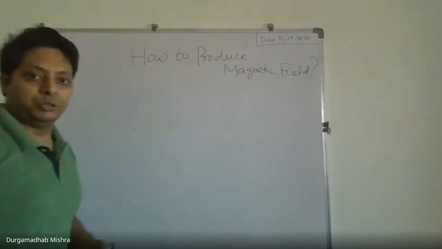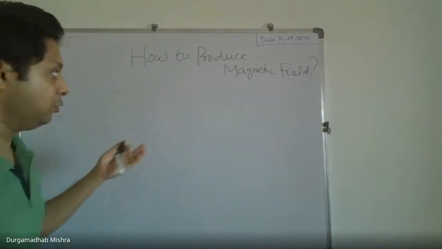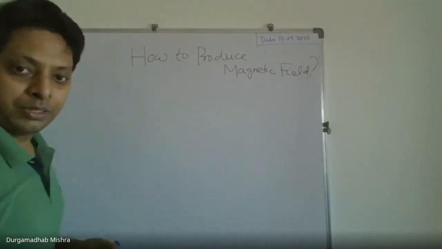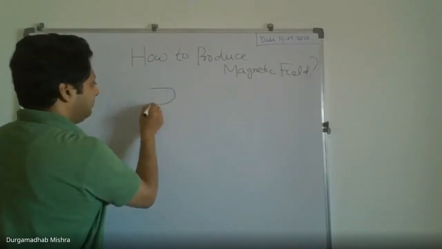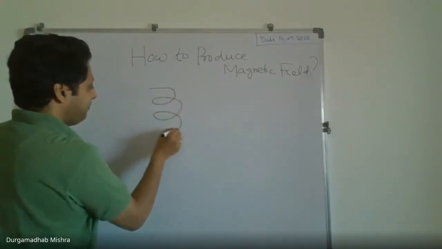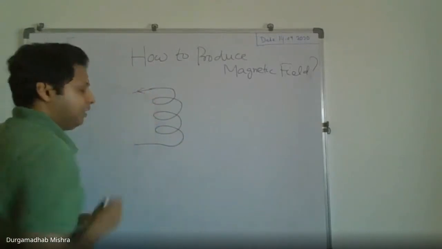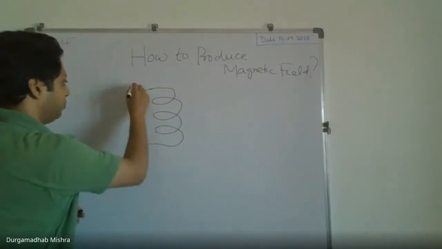So of course, you probably know, how do you do that? So one is you take a solenoid, right? So we have a coil where current I is flowing through it.